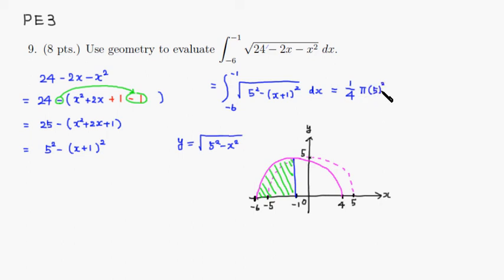This gives you the area of the whole disk, but we take only 1/4 of that. Therefore the integral, or the area, is 25 pi over 4. That's the value of the definite integral, which is the same as the area of this corresponding region. All right, that's it. I hope that this was clear.